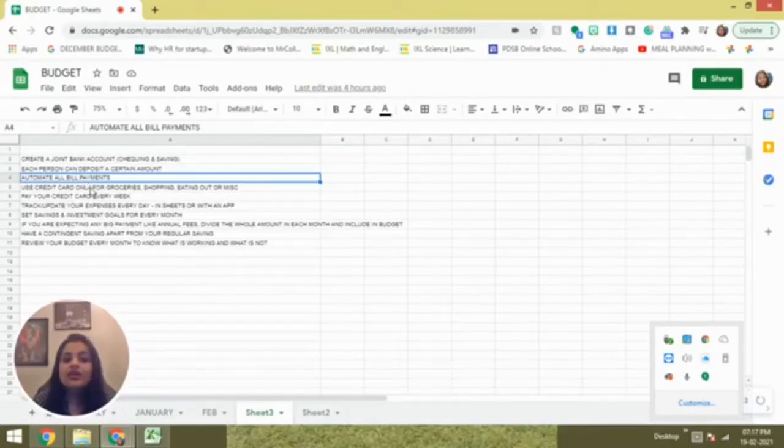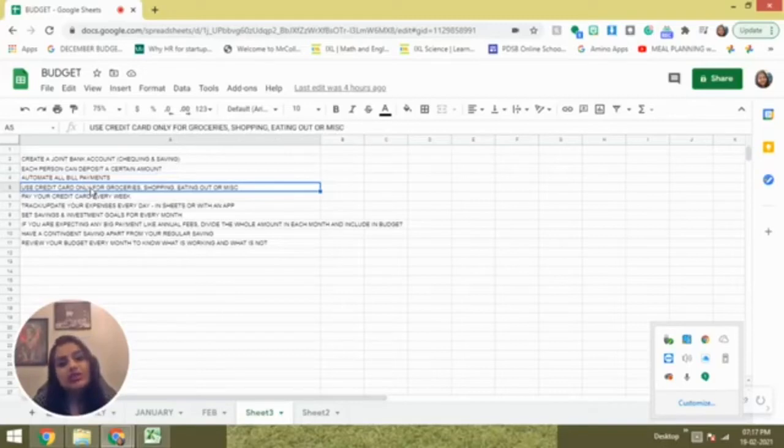Use your credit card only for expenses like grocery, shopping, eating out, or miscellaneous. Why I recommend this is that these are variable expenses. You cannot determine how much it is. And obviously you will get some points as well. Of course, if you automate your payments with a credit card, you would get points, but it is still a little bit of difficulty, or for that matter, a roundabout approach, to automate the payment through a credit card and then pay the credit card.